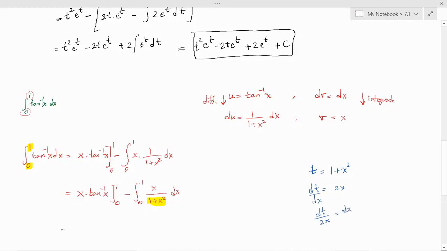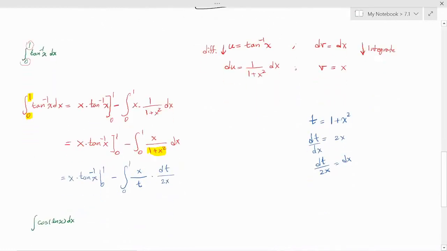Okay, so the integral, again, is x times tan inverse of x evaluated from 0 to 1, minus the integral from 0 to 1 of x divided by t, and instead of dx we can replace it with dt divided by 2x.